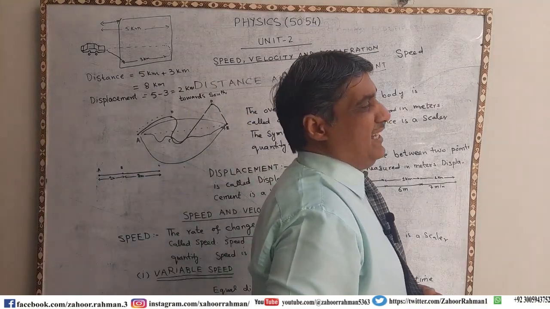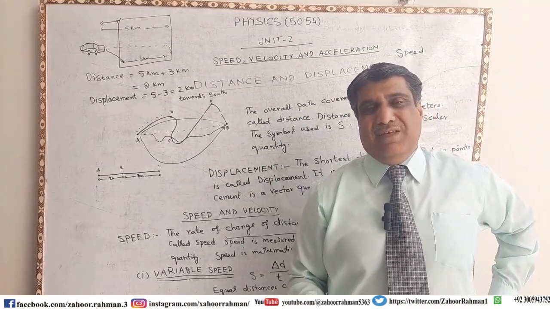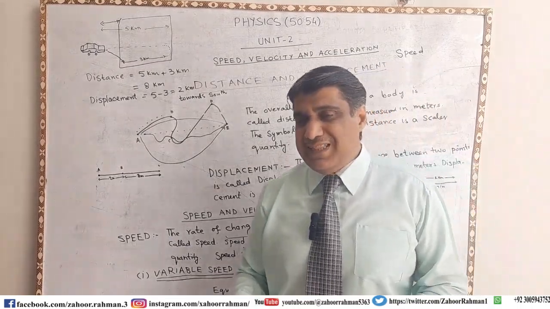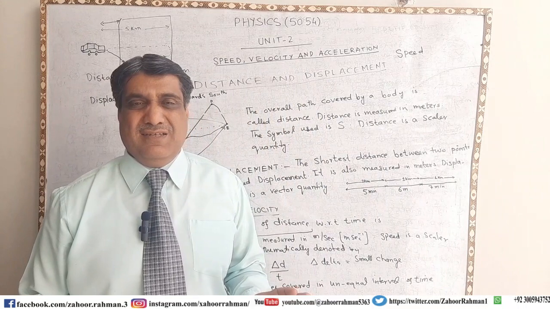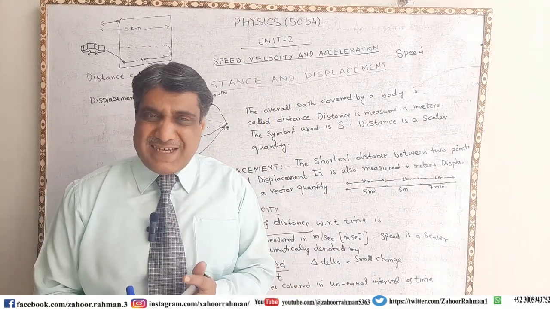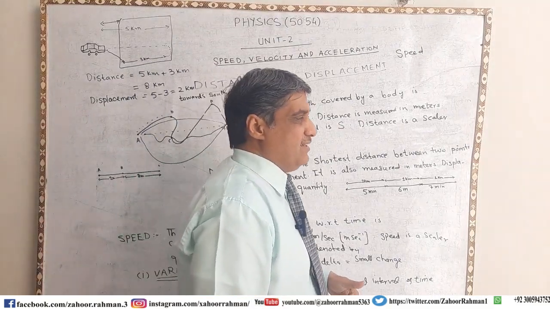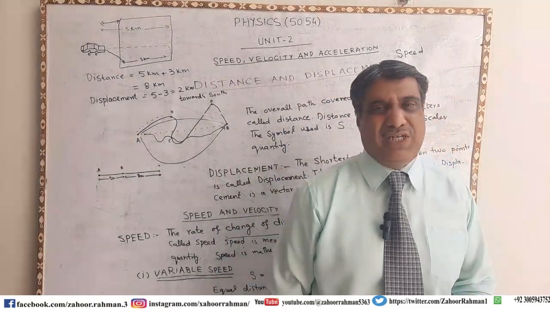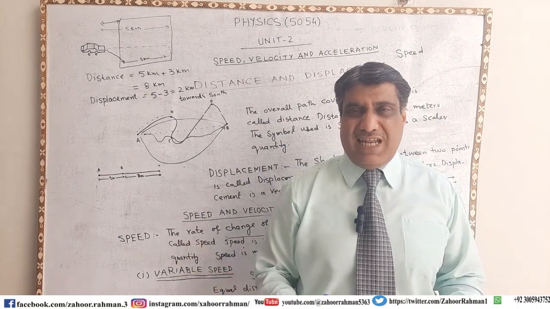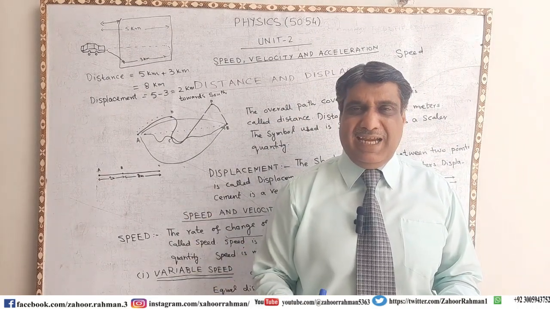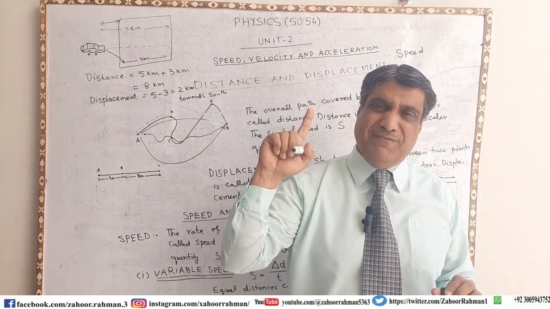When we are taking the concept of variable speed, when there is not a constant speed, for example, if a car is starting from Peshawar and it is going to Islamabad, it went with one speed, for example 50 kilometer.